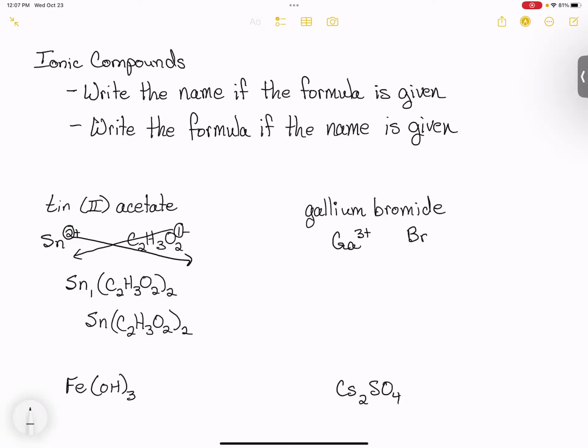So bromine, what charge would bromine typically have? It is element number 35 if you're looking at the periodic table. -1, why? Because it's in group 17. So we cross the number and drop it on the opposing ion. So on the gallium, we're dropping a 1, which we don't tend to write. And on the bromine, we're dropping a 3. So the formula for gallium bromide would be GaBr3.